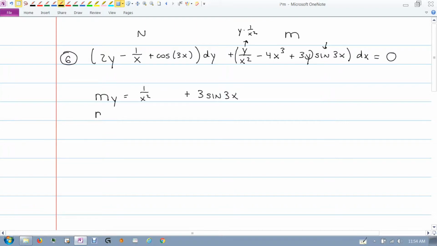All right, now what is the partial of n with respect to x? So now we're taking a look at this one. The derivative of 2y is 0. This right here is the same as negative x to the negative 1. So when you take the derivative of that, the negative 1 pops out, so you should get positive 1 x to the negative 2, which is still 1 over x squared. And then the derivative of this is going to be, was that a plus? Hold on. Plus.